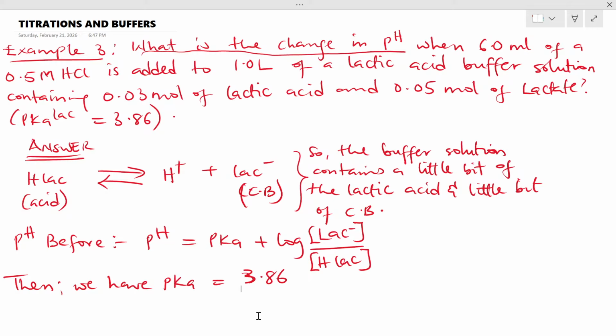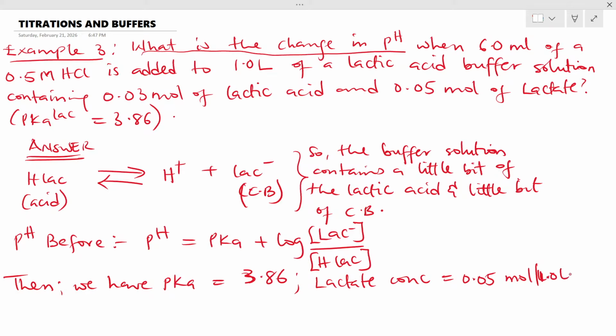Not just the pKa, we also have the lactate concentration from the question. We have the lactate concentration to be 0.055 moles per 1 liter of solution. So 0.05 moles per 1 liter.